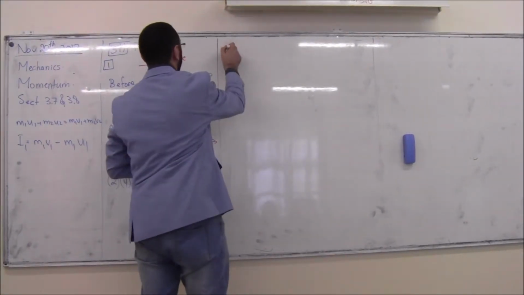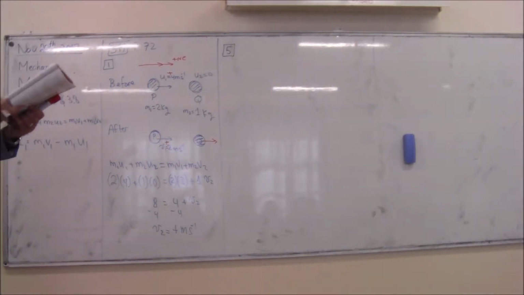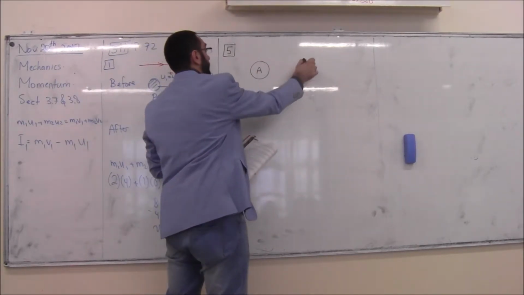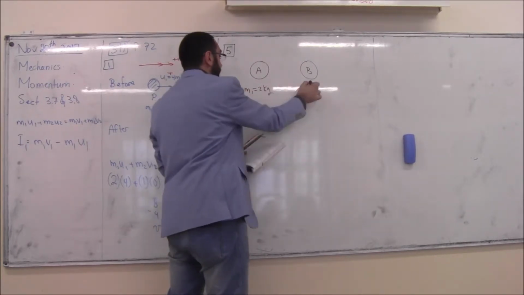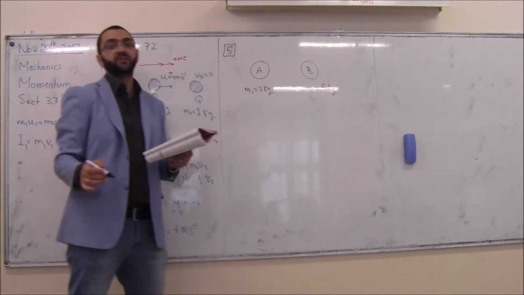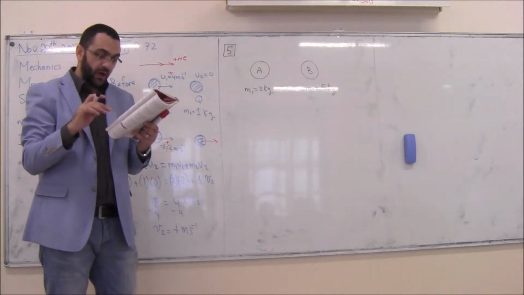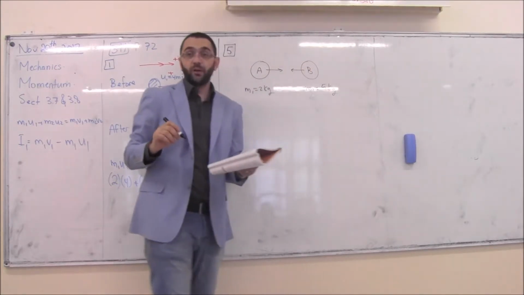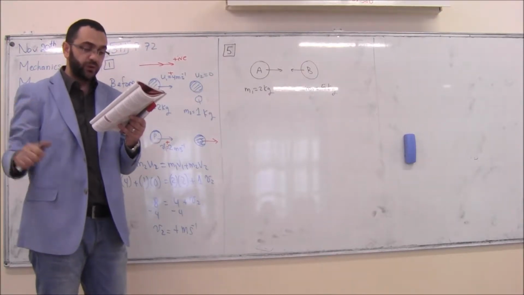Look to question 5. Two particles A and B of mass 2 kilograms and 5 kilograms, M1 is 2 kilograms, M2 is 5 kilograms, are moving towards each other on a straight line on a smooth horizontal surface.